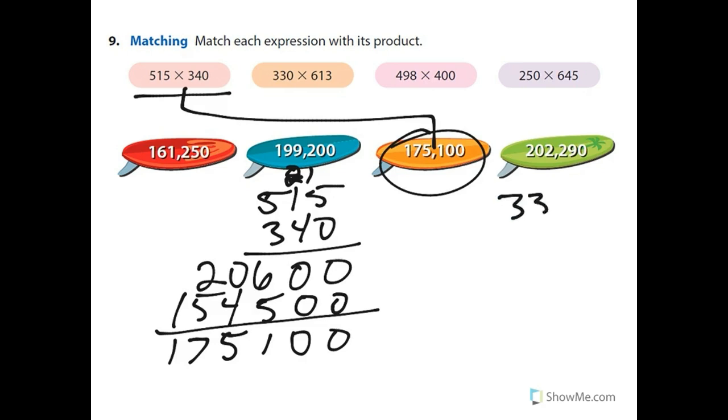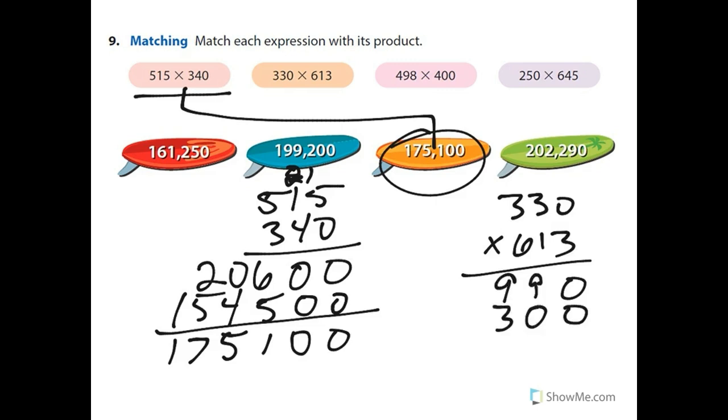Alright, 330 times 613. We get 0, 9, and 9. Drop my 0. 1 times 0 is 0. 1 times 3 is 3. 1 times 3 is 3. Let me drop my 2 zeros for the 100. 6 times 0 is 0. 6 times 3 is 18.